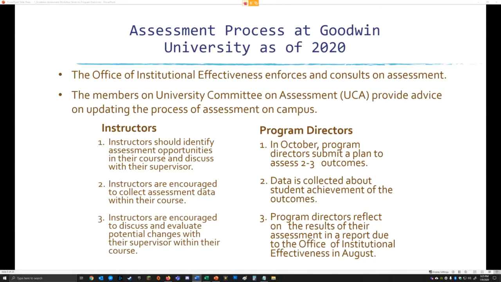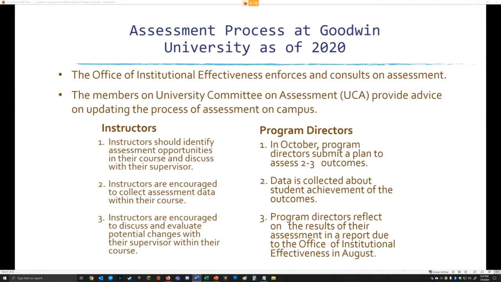Are we on the right track? Are we doing the right thing? Where are our strengths and our weaknesses? What can we do to enhance student learning to ensure they're achieving those outcomes for the program to make the best program possible? And then that information goes to the Office of Institutional Effectiveness every August. So it's a year cycle. It goes from October to August.